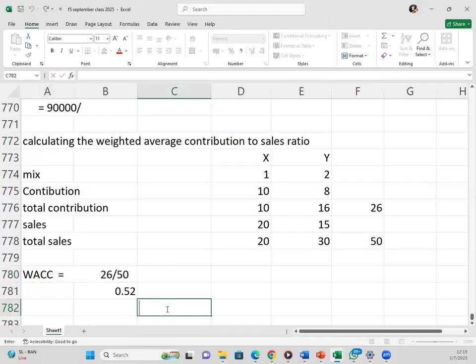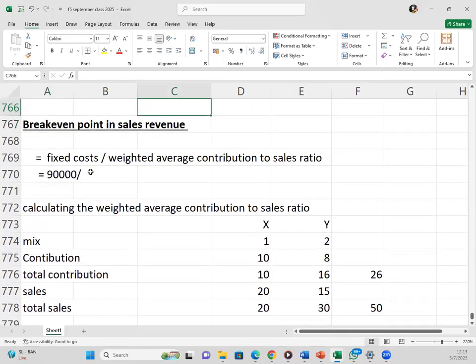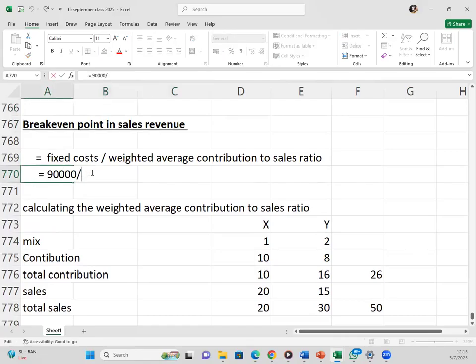So having done our work, we then go back now to our break-even point in sales revenue. Our break-even point in sales revenue is you divide by 0.52.